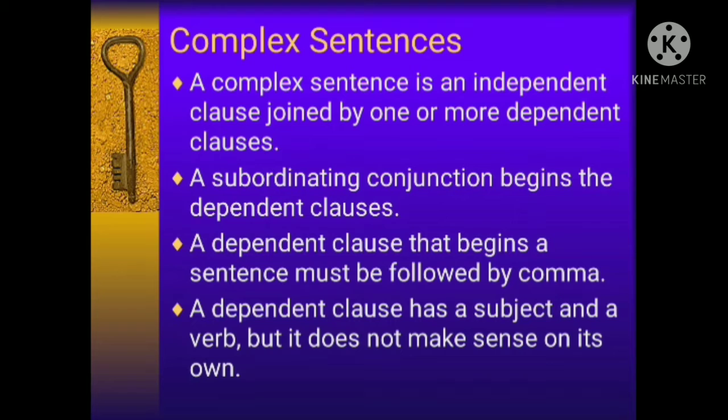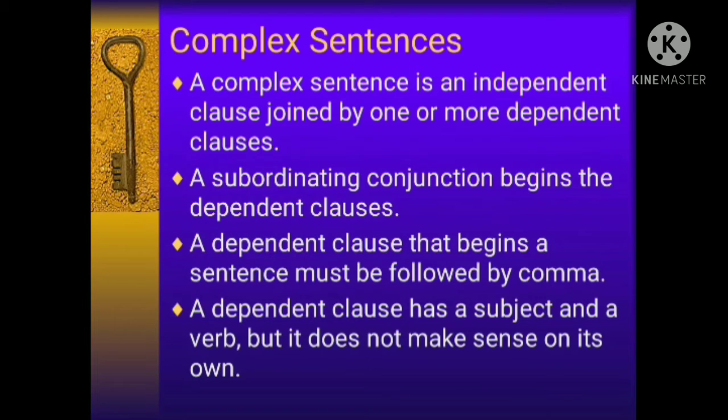And what are subordinate conjunctions? There is a list like although, before, after, since, as soon as. There are many, and the list will be provided to you. A subordinate conjunction begins the dependent clause; it is written at the start.